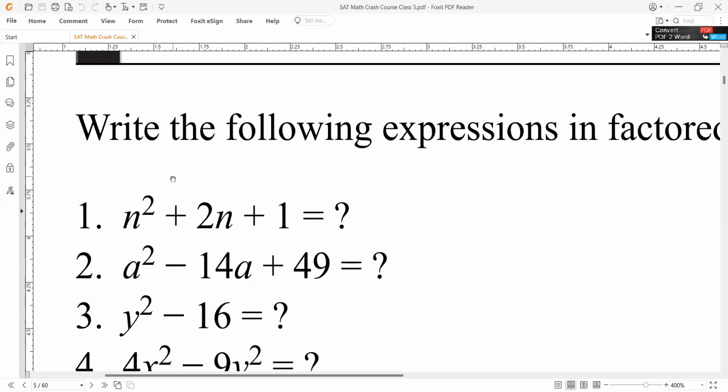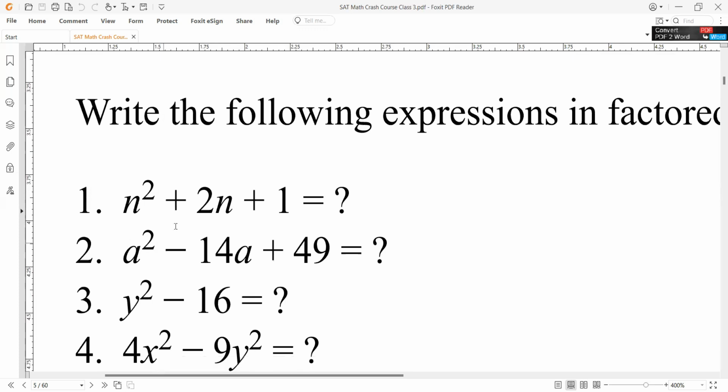We need to use a square plus 2ab plus b square, because it will be n square plus 2 into n into 1 plus 1 square. This is nothing but n plus 1 whole square.